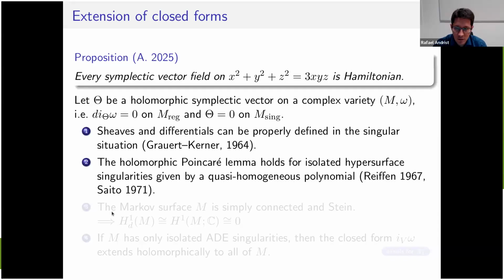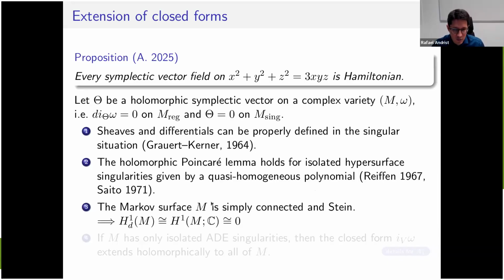And then later there was a paper by Saito who showed that if your singularity is given by a quasi-homogeneous polynomial, then the holomorphic Poincaré lemma holds. And this is precisely the case for our Markov surface. So, okay, the Poincaré lemma holds.